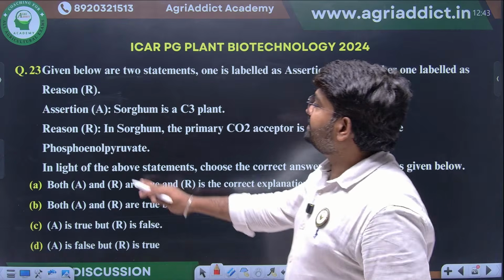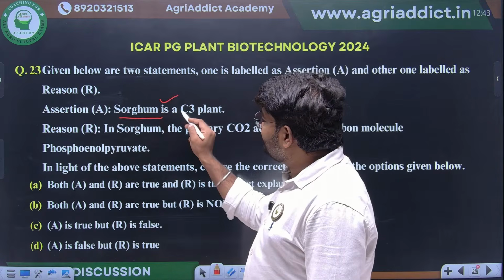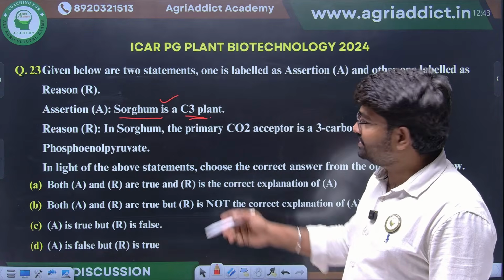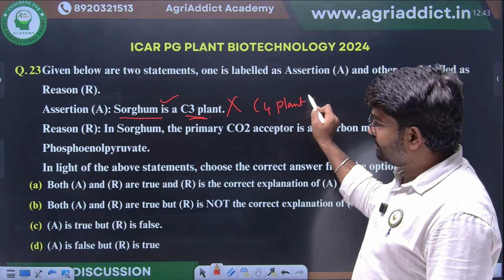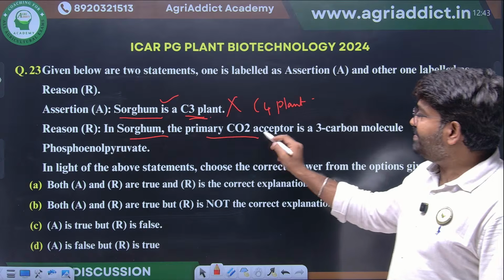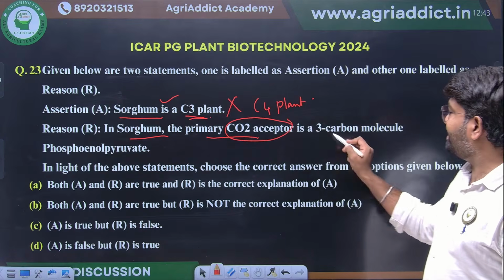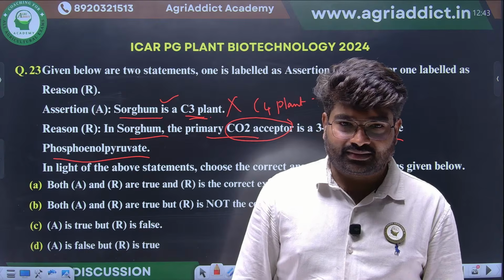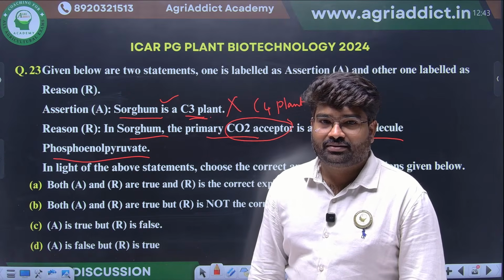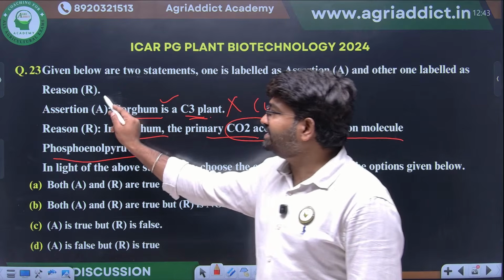Next, assertion and reason. They are giving that sorghum is a C3 plant. Yes, this is a wrong statement. Sorghum is a C4 plant, so the assertion is wrong.